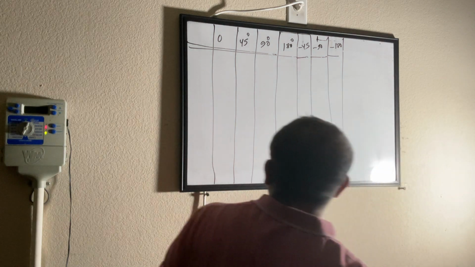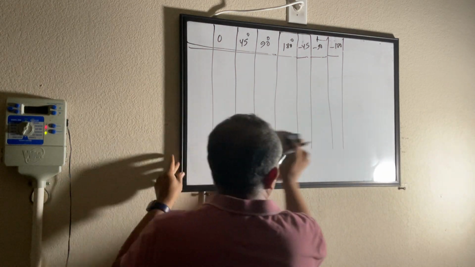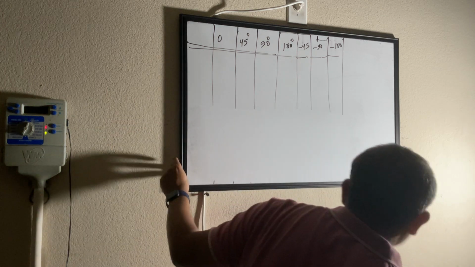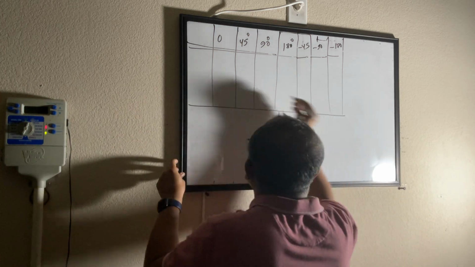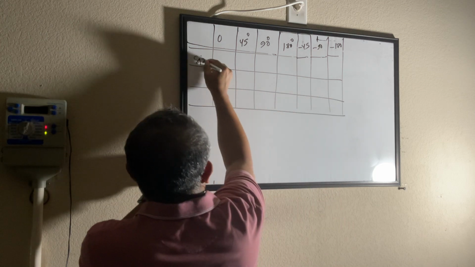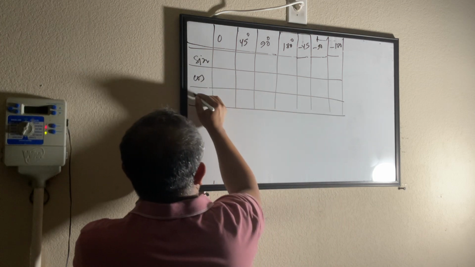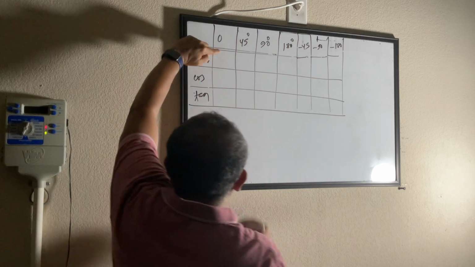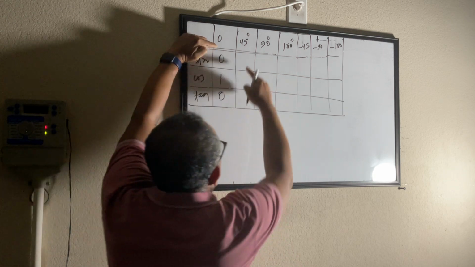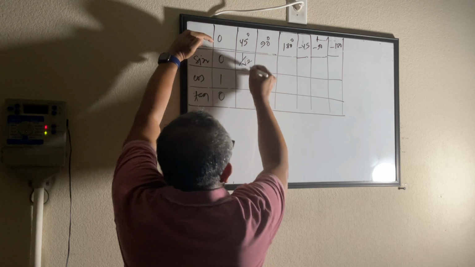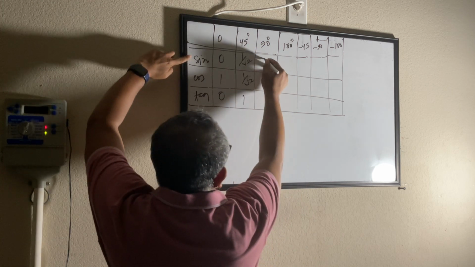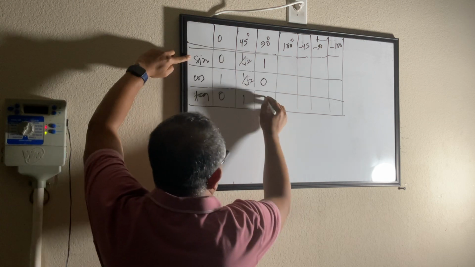Now you'll say I have filled the board completely. Where will I do anything else? Sine 0 is 0, cos 0 is 1, tan 0 is 0. 45: 1 by root 2, 1 by root 2, 1. 90: sine 90 is 1, cos 90 is 0, tan 90 is infinity.